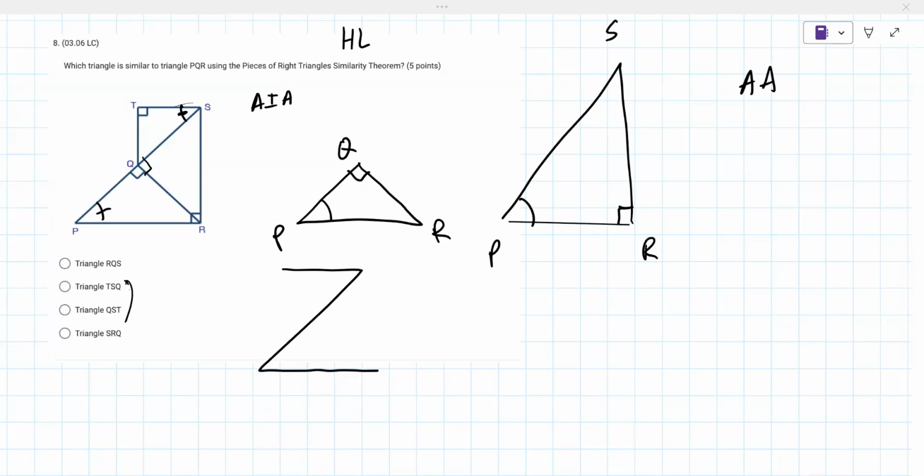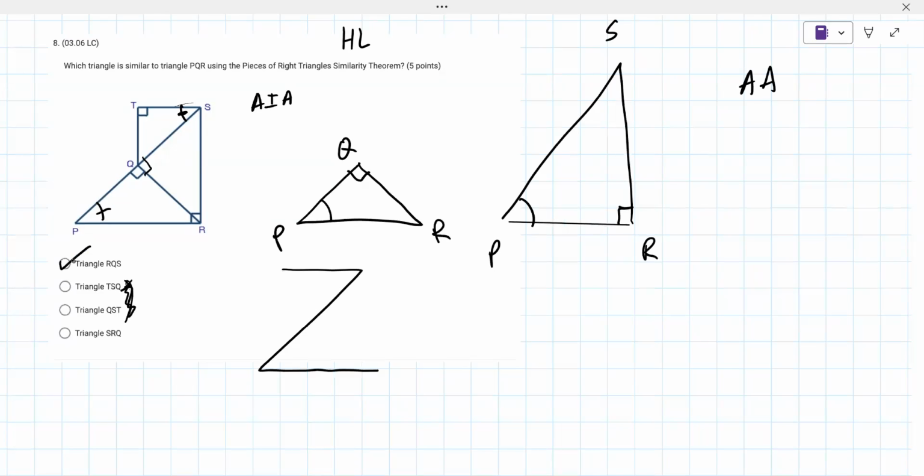This is the question from the first time. Okay, so if you go to your problem here, it's P, Q, R goes with R, Q, S. So it would be the first one.